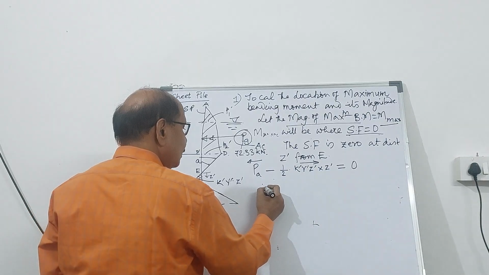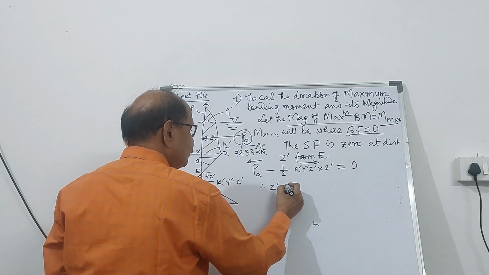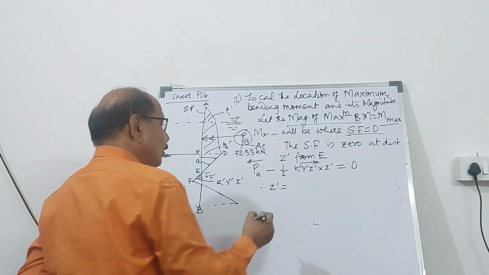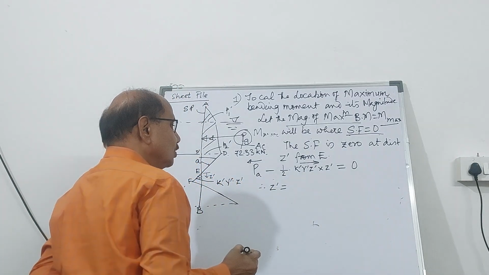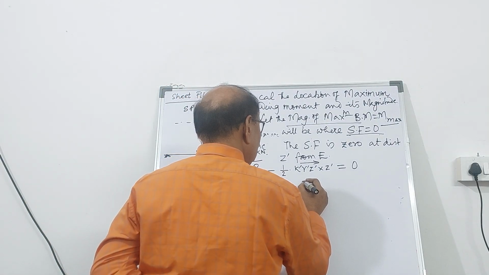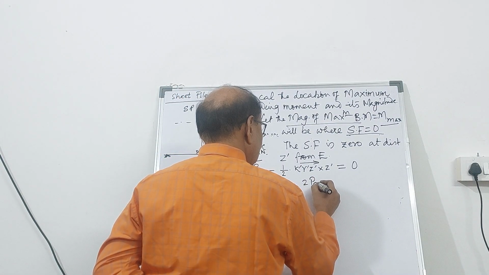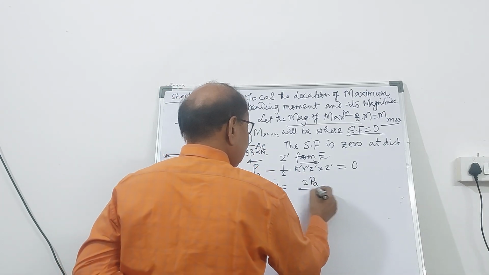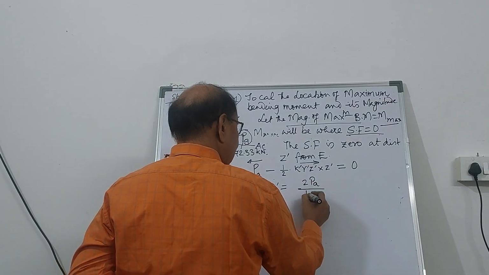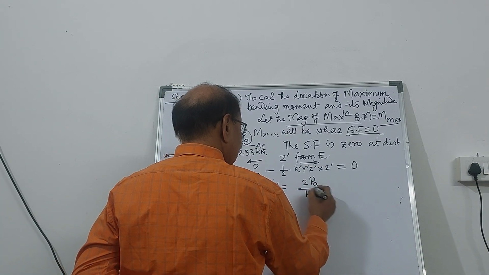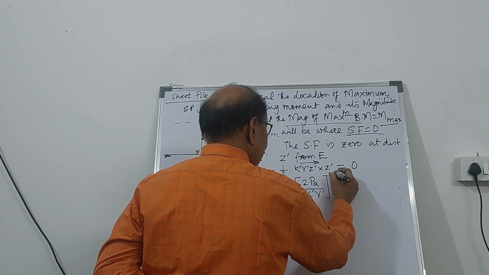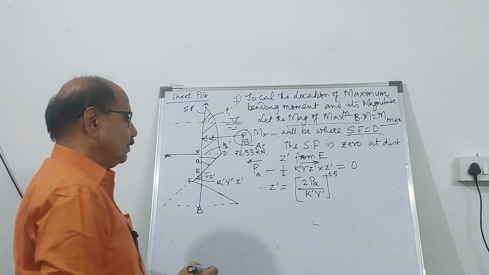Therefore, the value of Z prime, where the shear force equals 0, will be equal to 2 times PA divided by K prime gamma prime, raised to power 0.5.